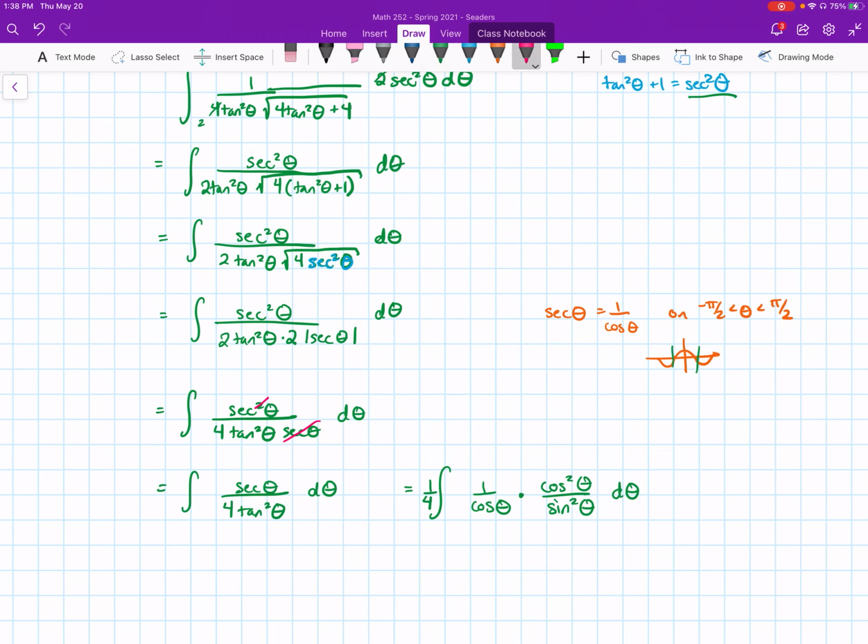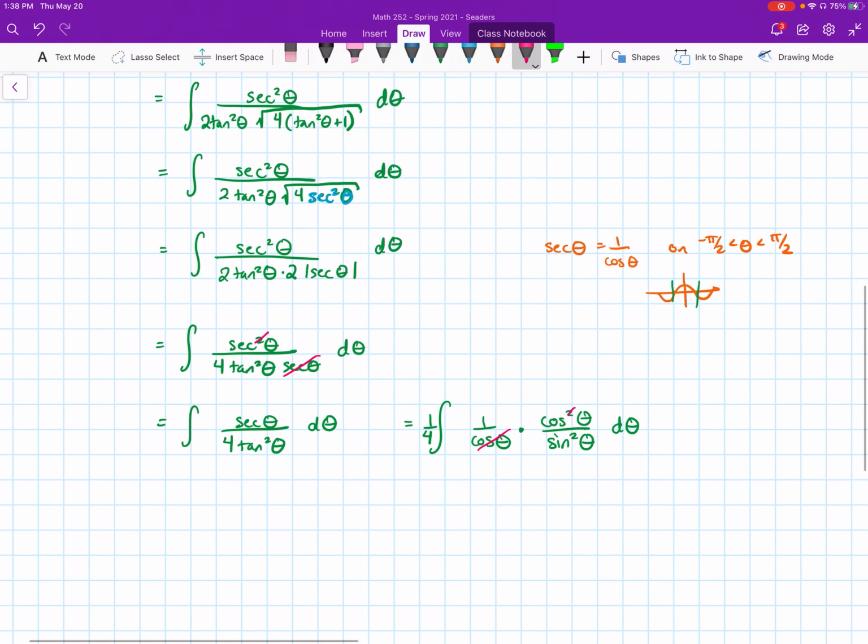So now I actually can cancel a little bit more. One of my cosines in top and bottom cancel. And now I can write this as 1/4 cosine theta over sine squared theta d theta.